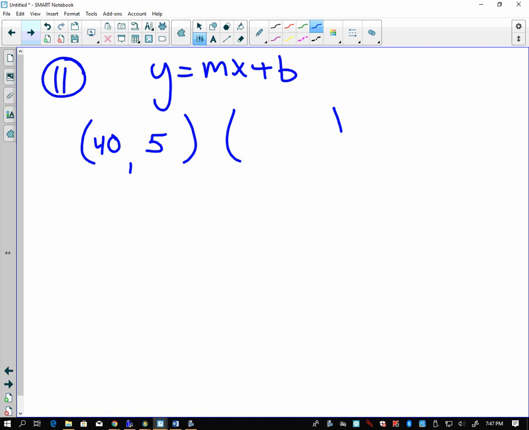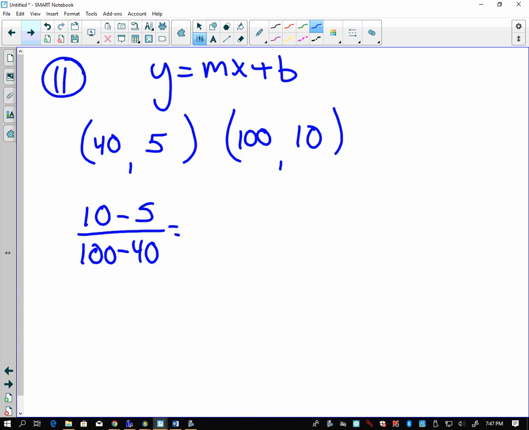Another coordinate that would be handy to use, looks like it's going by 20s across the x-axis, so it looks like 100 for the x value, and it goes up to 10. First thing I'm going to do is get the slope, so y2 minus y1, that would be 10 minus 5 over 100 minus 40.